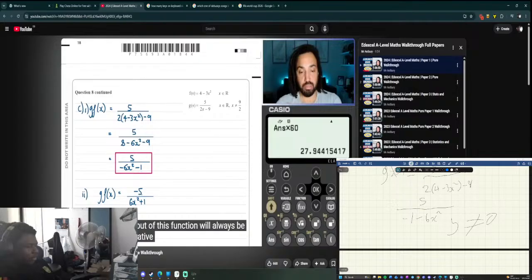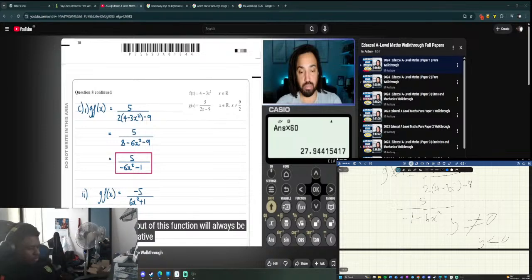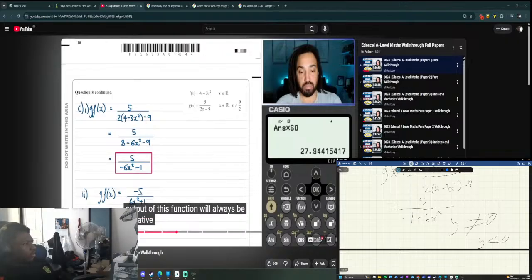So also we have y cannot be, so it has to be smaller than 0. Right. So is that the range?